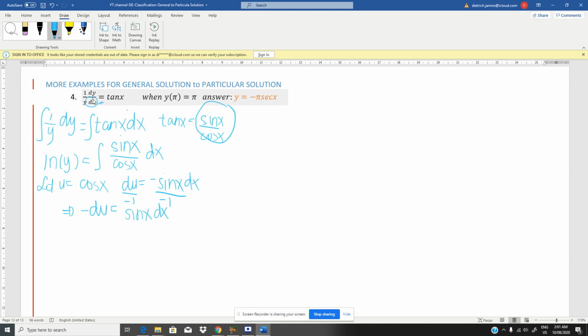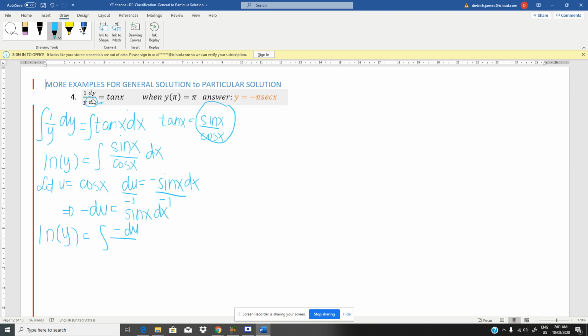Then I'll substitute our u into our x variables. So we will have ln of y is equal to the integral of sine x dx, which is equivalent to negative du all over cosine x.